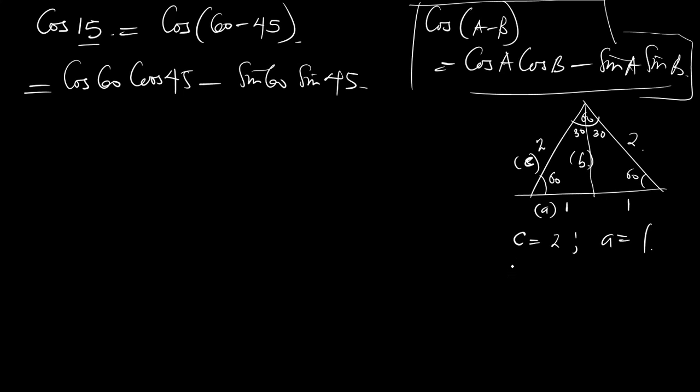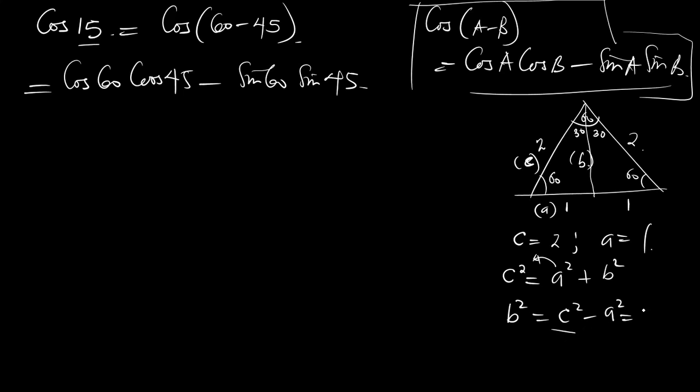Now, using Pythagoras' theorem, you have C squared equal to A squared plus B squared. And we're looking for B, so B squared will be equal to C squared minus A squared.